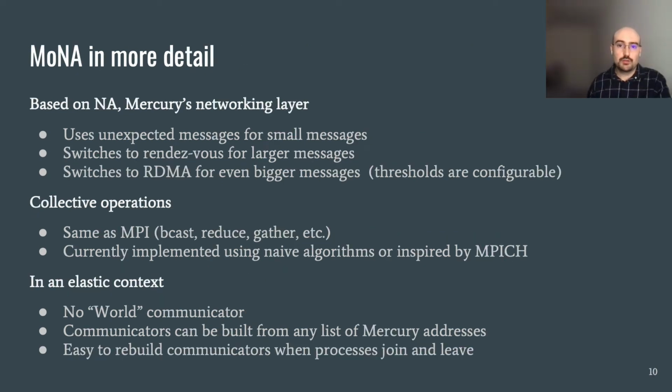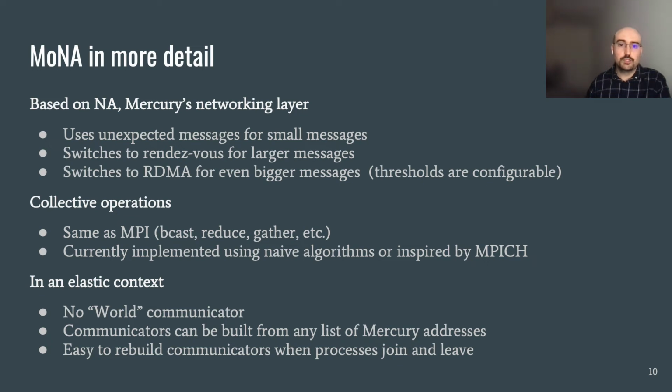When pipelines execute, they will need to perform collective communications, and for this we implemented Mona, which is directly based on the RPC library used by Mochi. Mona uses unexpected messages for small messages. It then switches to rendezvous for slightly larger messages, and finally it switches to remote direct memory accesses for even larger messages, and the threshold between those different strategies is configurable.